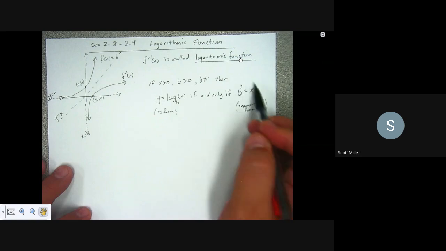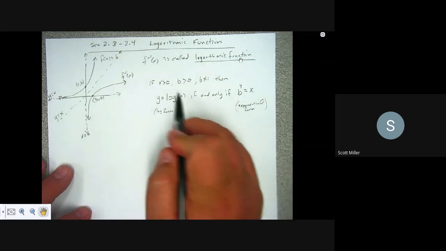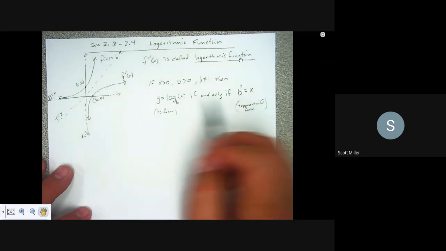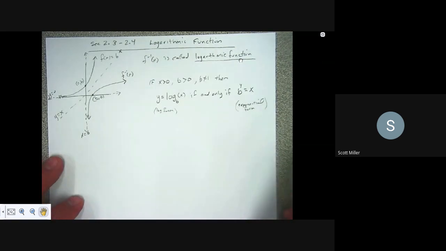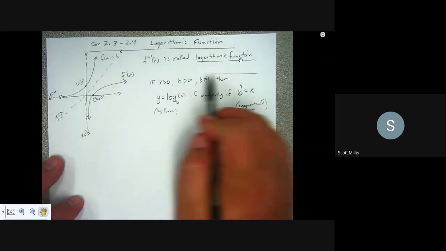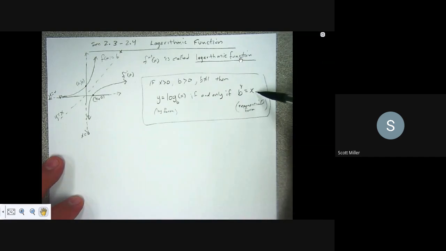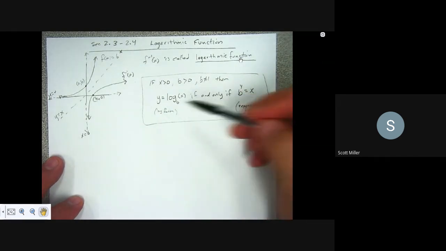And that is the exponential form of a logarithmic function. This is usually how it's written. We want to be aware of this one because we use both forms in the process of doing stuff. Okay, so that is our definition of what a log is. If I give it to you in this form, it's the same thing as giving it to you in that form, and vice versa.